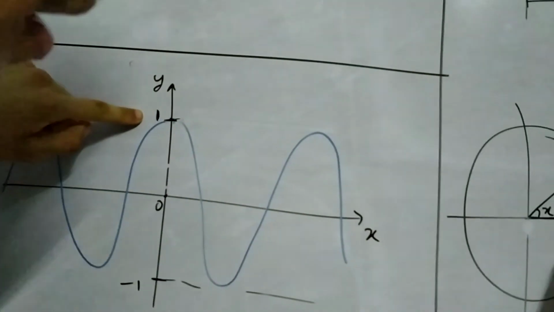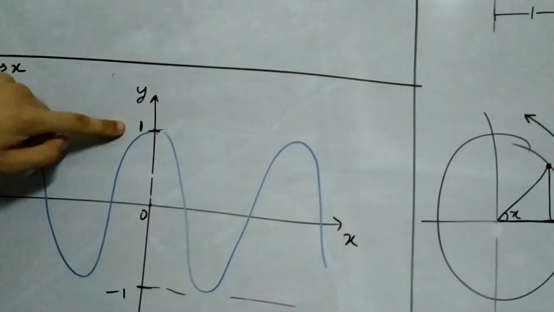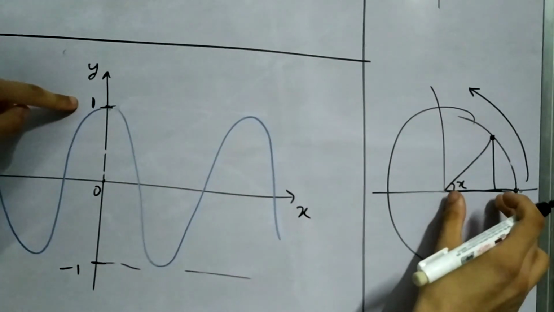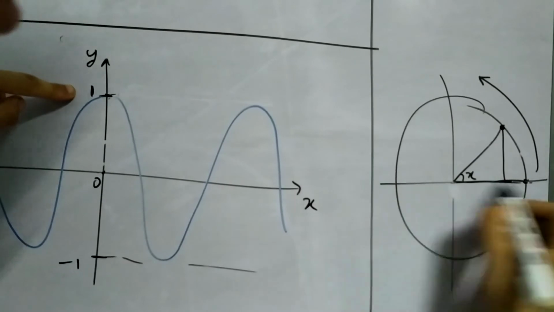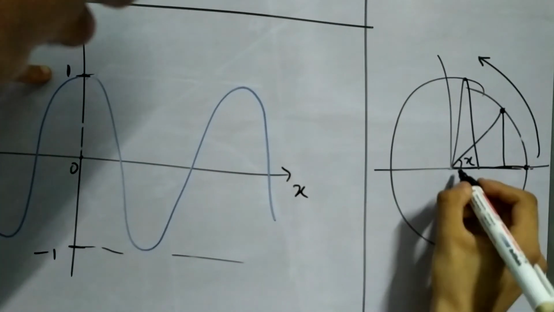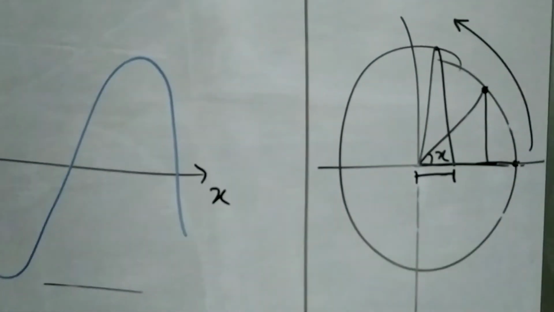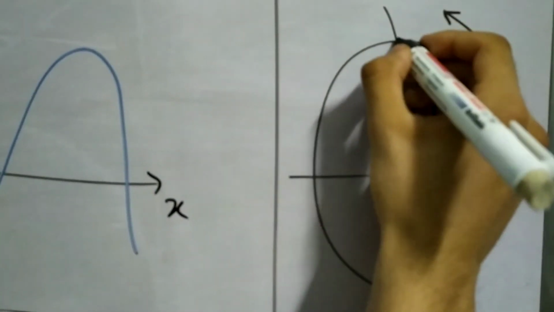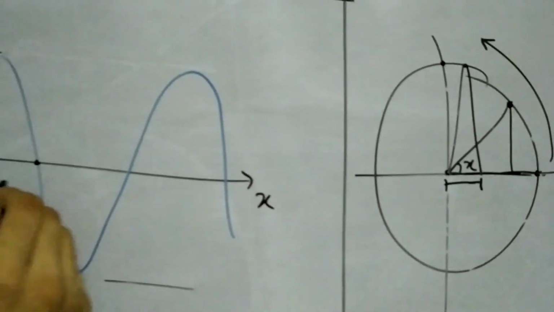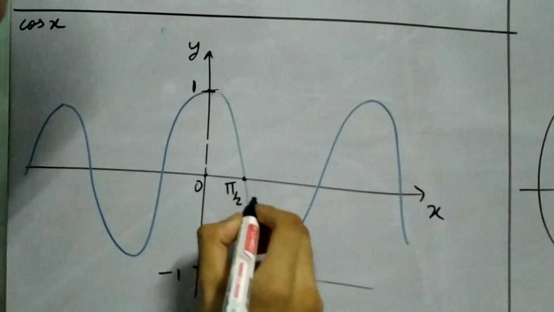And as you move the point clockwise, the base component, the horizontal component along this axis, is decreasing. So you mark this one, and this is your cos. And if you are right at pi by 2, your cos is 0. This point is pi by 2.